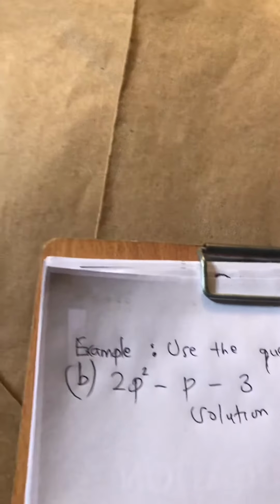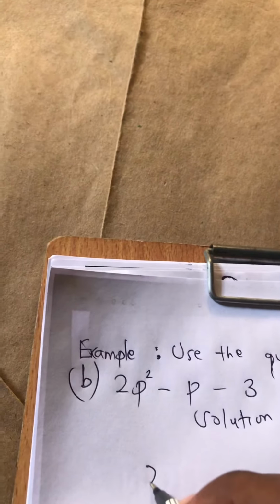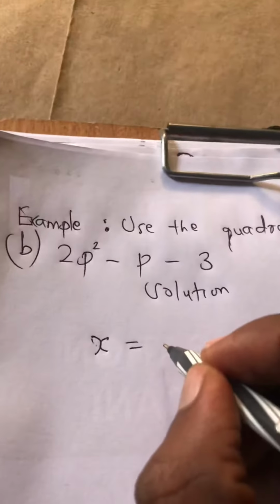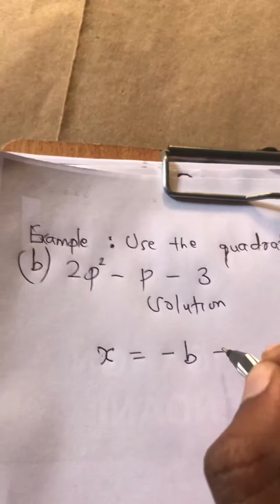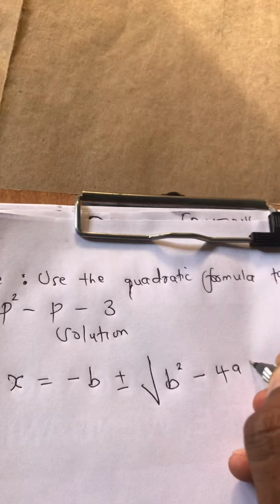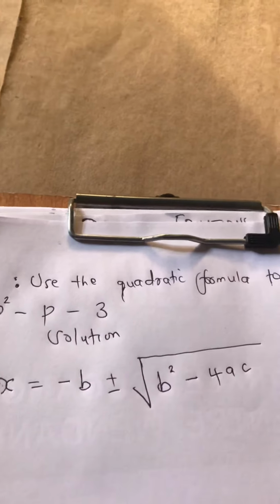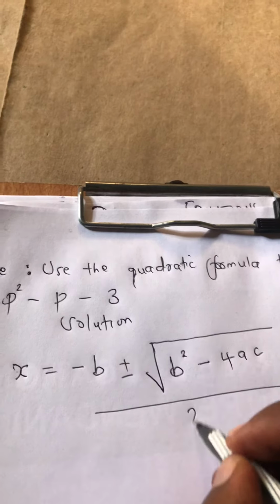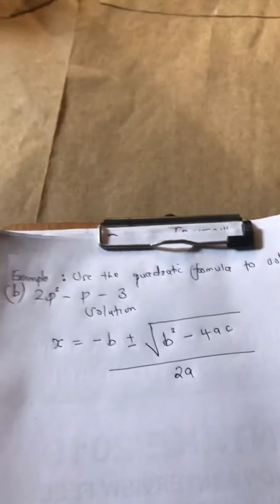B ni rahisi pia. Inasema 2p square minus p minus 3. So solution, again quadratic formula inasema, in this case quadratic formula inasema x is equals to minus b plus or minus the square root of b square minus 4ac under the root divided by 2a.